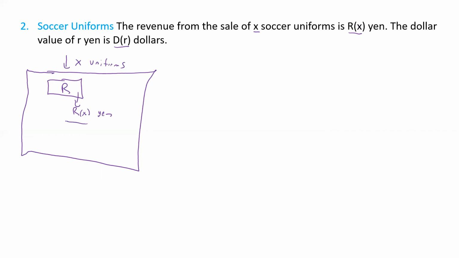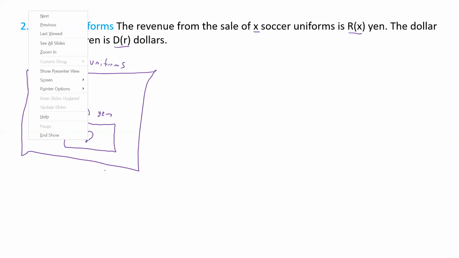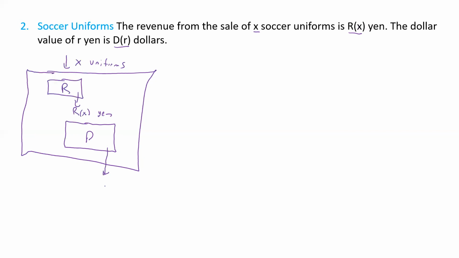And then we're going to plug that into our function, D of R. So D, because we're going to plug R into D. Make sure it looks a little more like a D there. And what's coming out is going to be D of R of X, and that's going to be again in dollars.